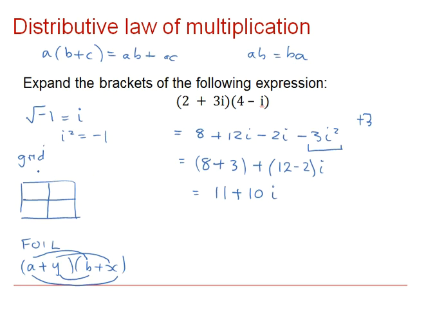If we were to use the grid, it doesn't matter which way we write this, but some of you may prefer this initially, you would see that we would fill it in just the same way, and then gather up terms afterwards.